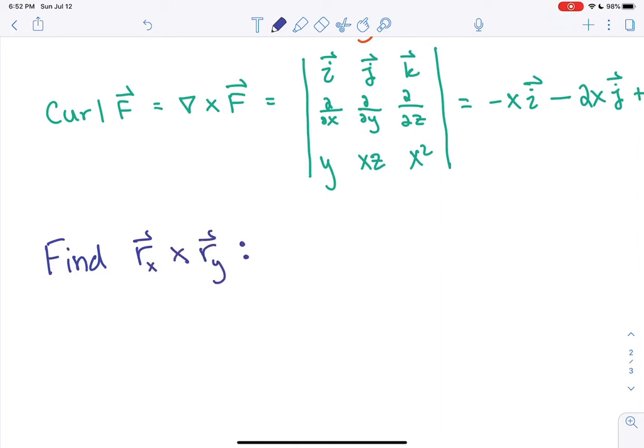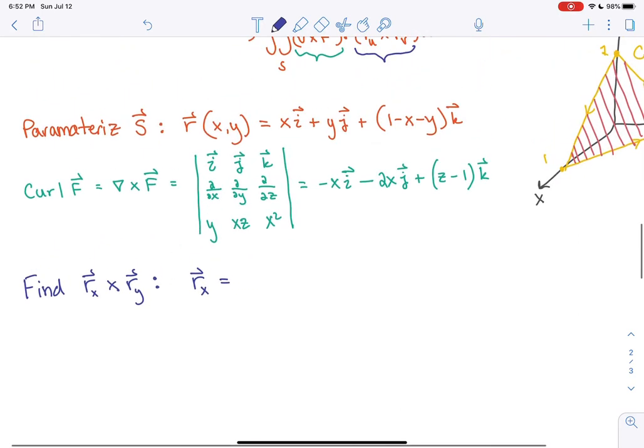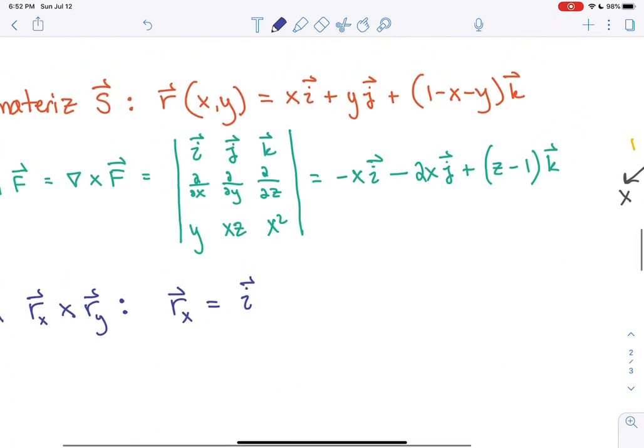In this case, the partial derivative with respect to x is going to be 1i plus 0j minus 1k, so we get i minus k. Now in the y direction, we get 0i, 1j, again minus a k.